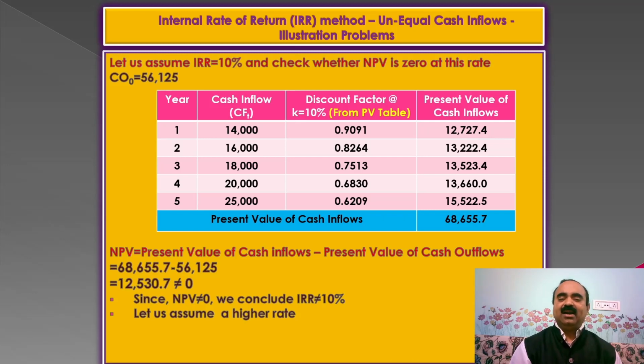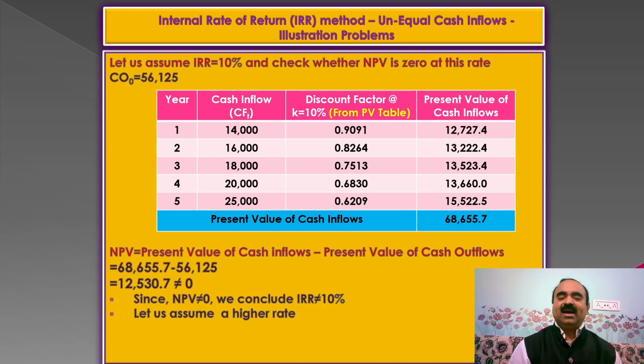In the third column, discount factor. And in the fourth column, present value of cash inflows. In the first column, I had taken years from 1 to 5, and in the second column, cash inflows of 14,000, 16,000, 18,000, 20,000 and 25,000.